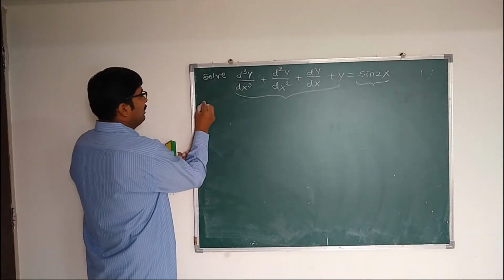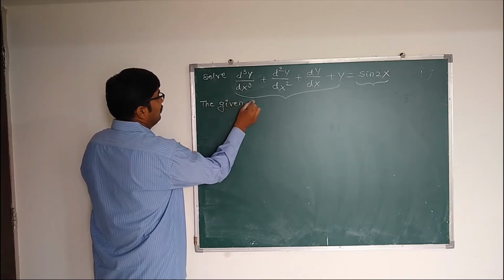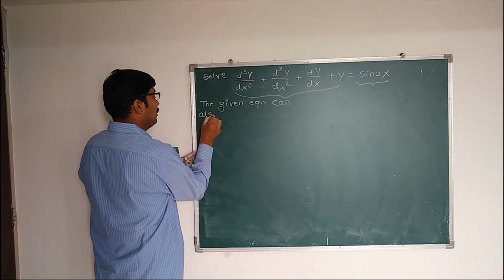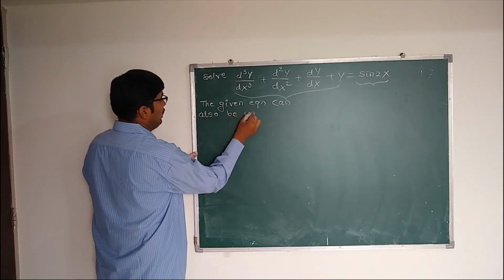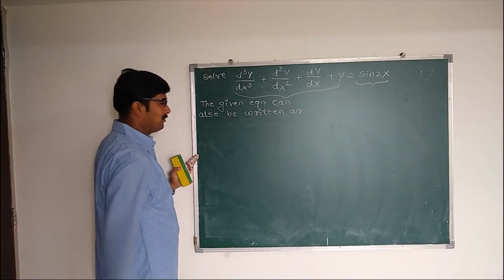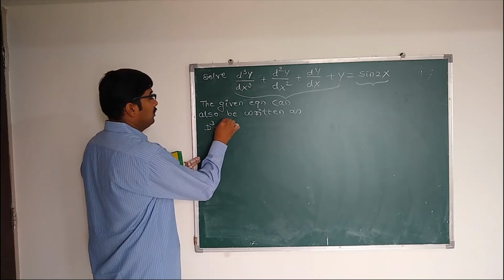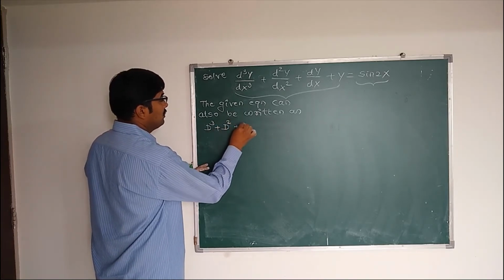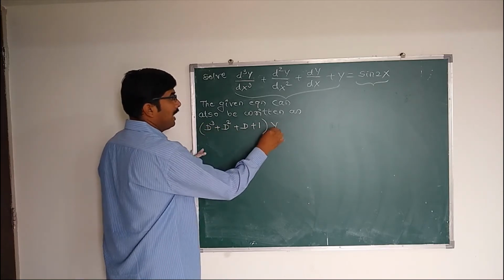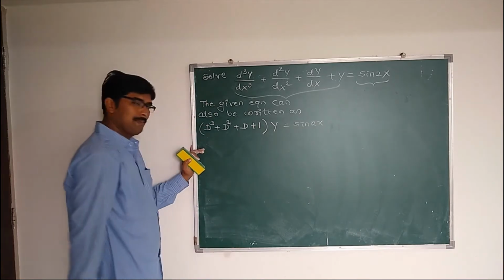So first, the given equation can also be written as d cube plus d square plus d plus 1, bracket complete, y is equal to sine 2x.